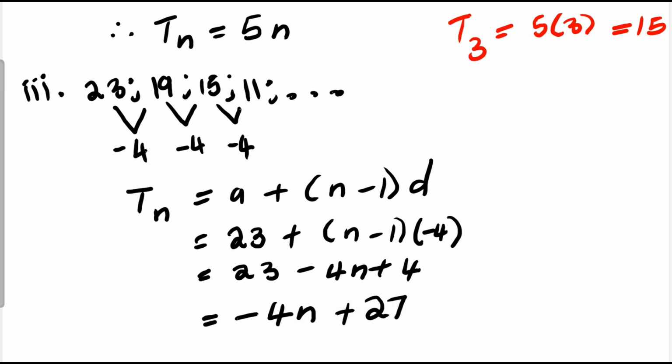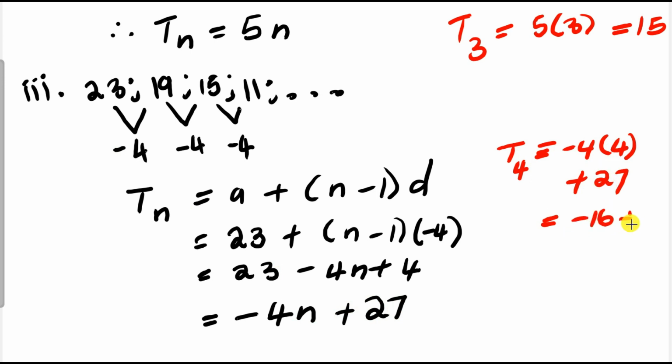Remember I said, if you are not sure, you can test. Let me test with maybe term 4. It's going to be minus 4 times 4 plus 27. What is it? This is minus 16 plus 27. This is 11. Yes, it's 11.